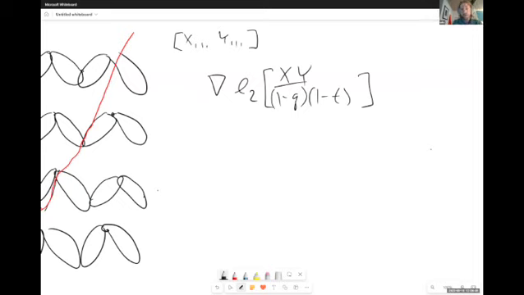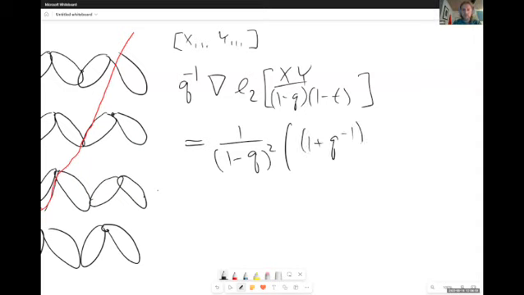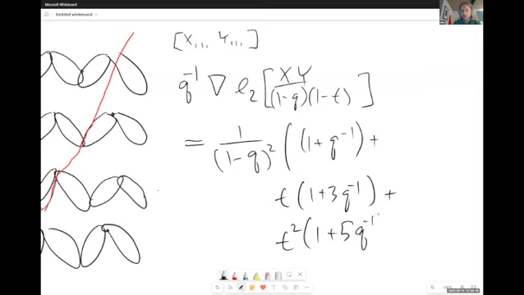And then I told you there was a sign twist and a grading shift, so there's a little q minus 1 out here. In fact, that's equal to the following power series: 1 over 1 minus q squared times 1 plus q inverse plus t times 1 plus 3 q inverse. You could check this on a computer, that this is what you get if you apply nabla to this plethystically transformed E2.